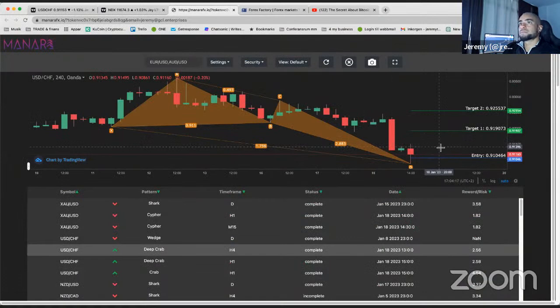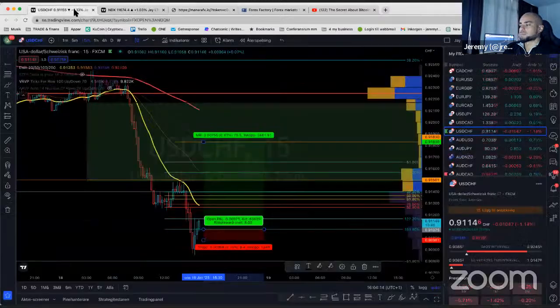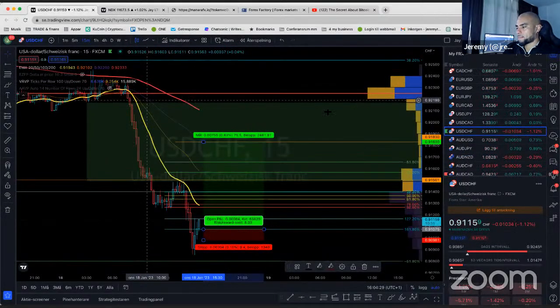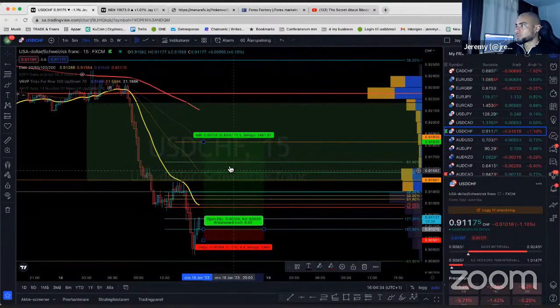Yeah, you guys see, this trade is moving. Anara has placed the first take profit at 91.9, which is up here. Yeah, that's basically at our major take profit.